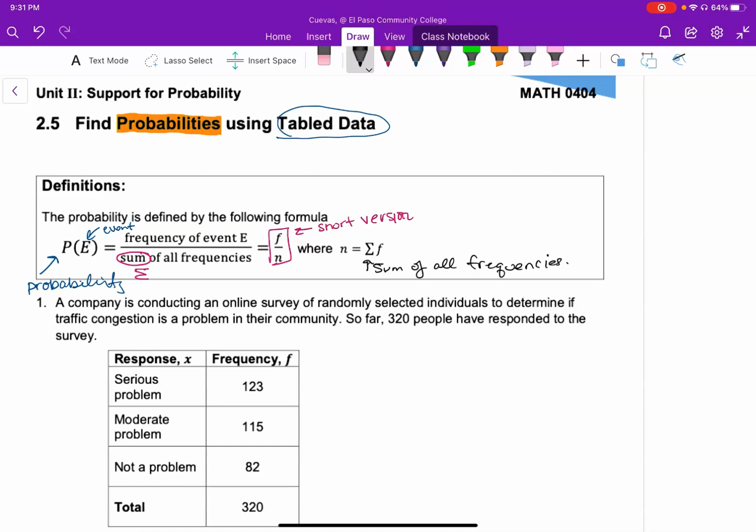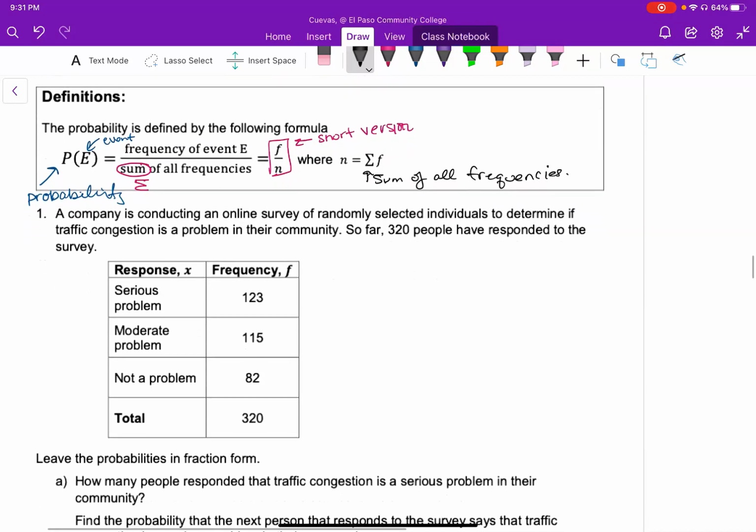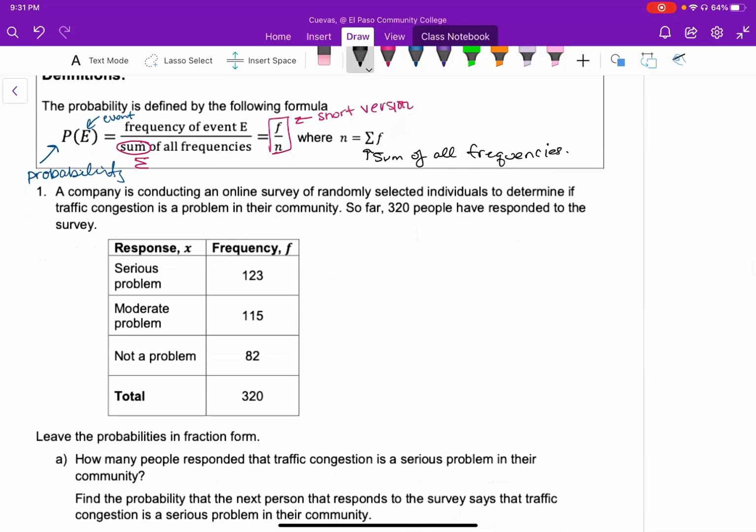Let's take a look at our first table. A company is conducting an online survey of randomly selected individuals to determine if traffic congestion is a problem in their community. So far, 320 people have responded to the survey. So you're usually going to see the total in the problem, or if you come into the table, it's already there.